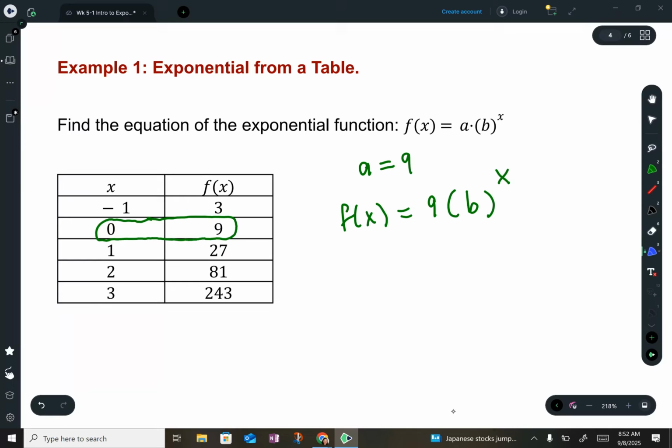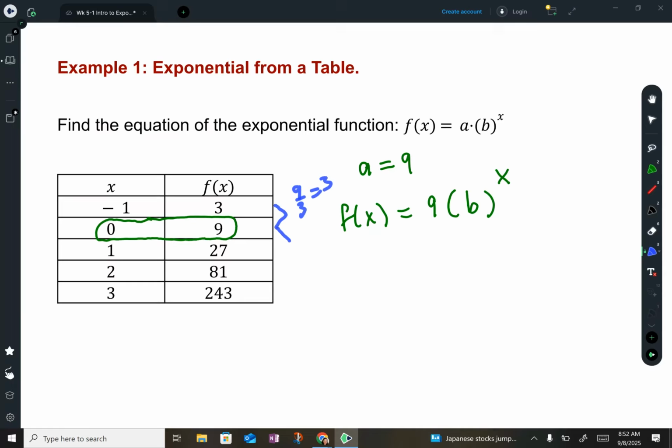I mean that if we look at starting at 3 to 9, if we look at the ratio of 9 to 3, that is equal to 3. And if we look at the ratio of 27 to 9, 27 over 9 is 3. 81 over 27 is 3.